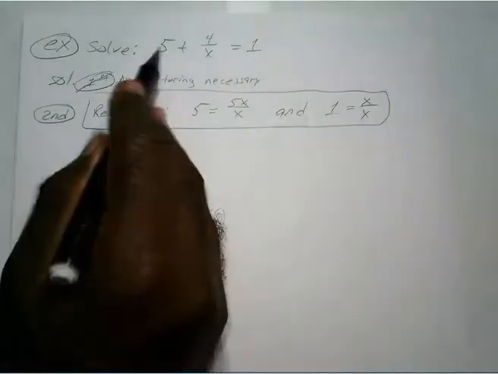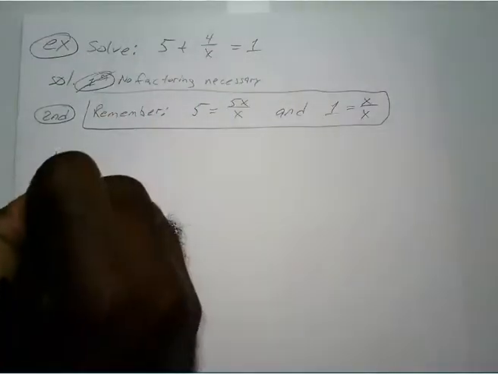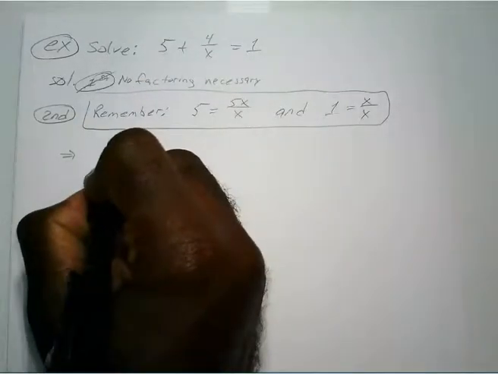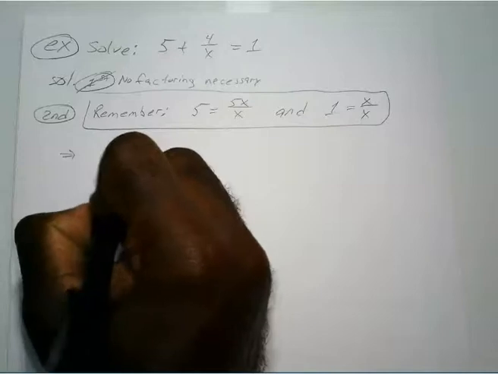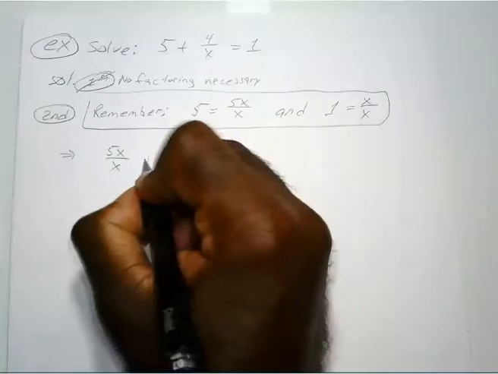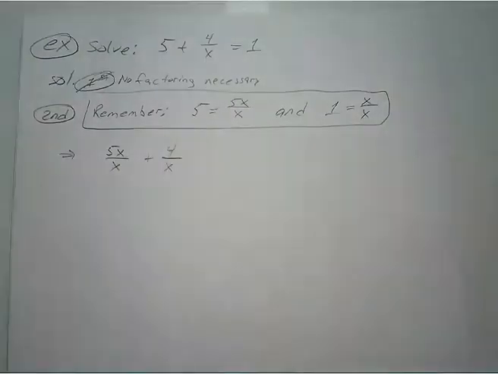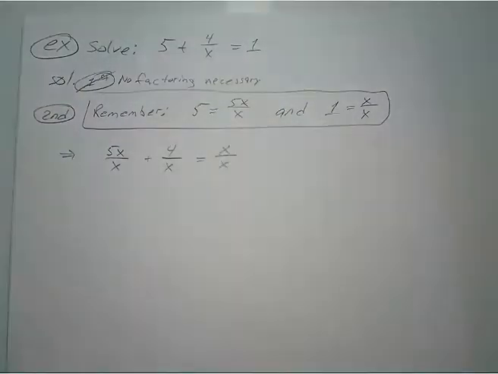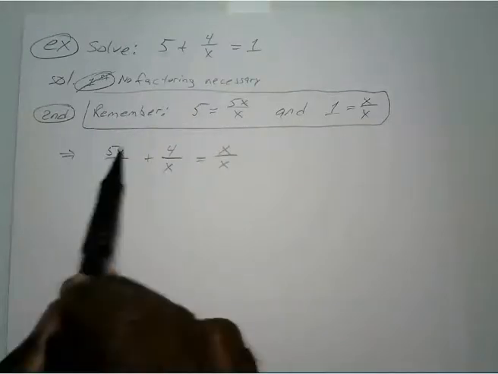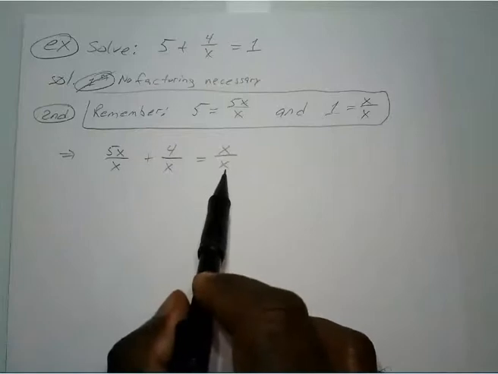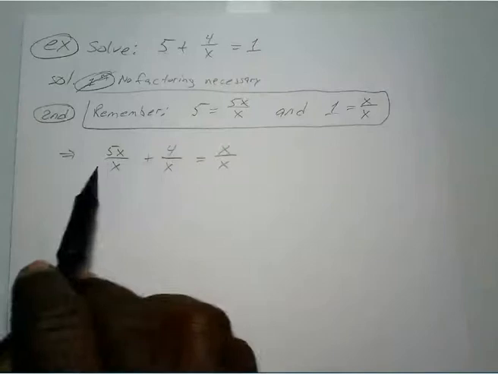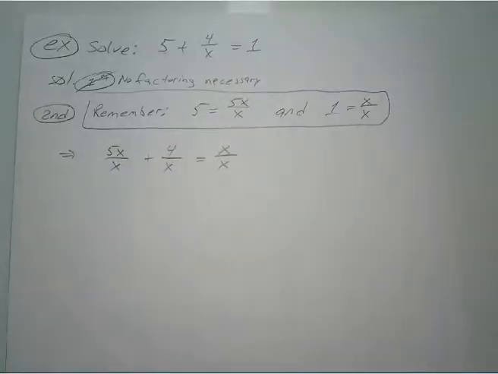All right, so we're going to go ahead and replace the 5 with 5x over x. So we have 5x over x plus 4 over x equals x over x. Okay, so just like before, we already know as long as we have all of our denominators the same on both sides of the equal sign, they will cancel out as soon as we multiply each term by that same value.